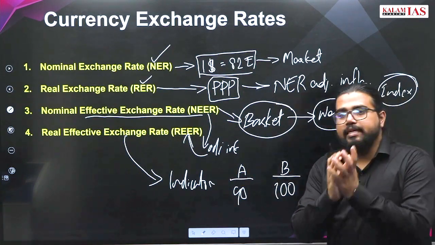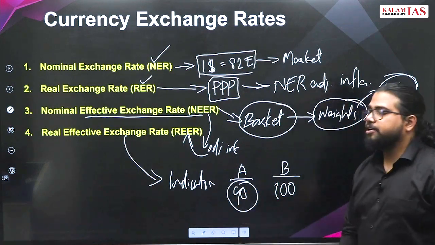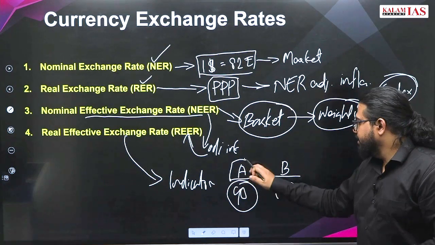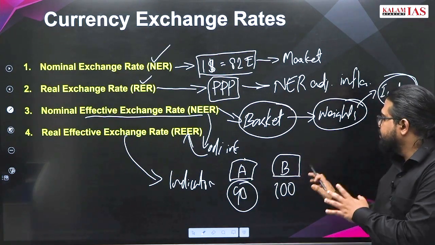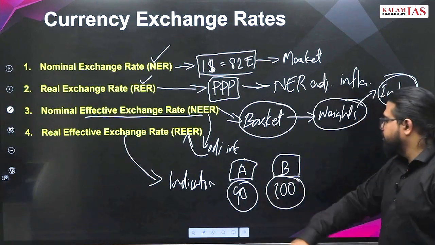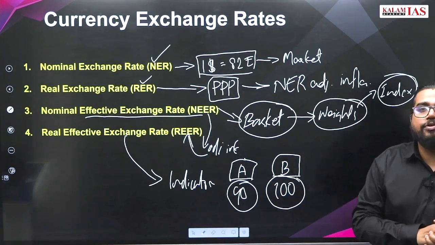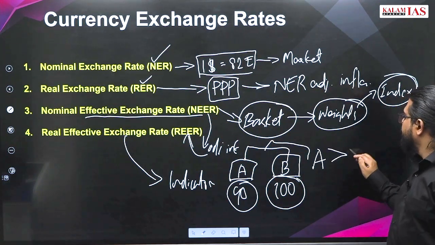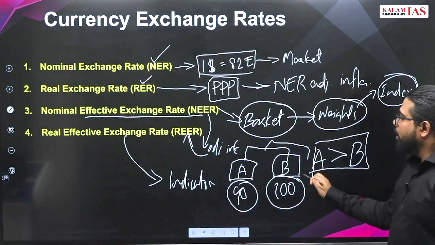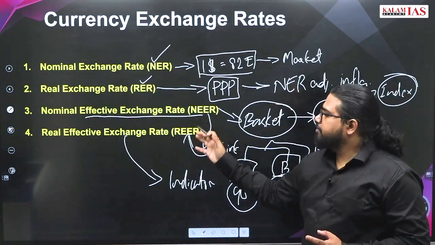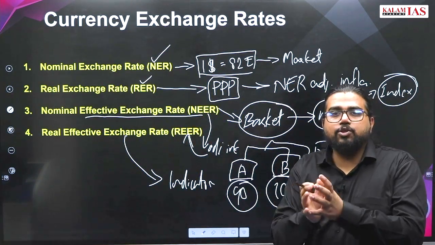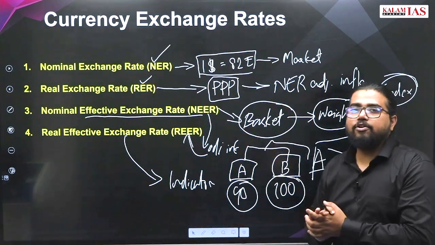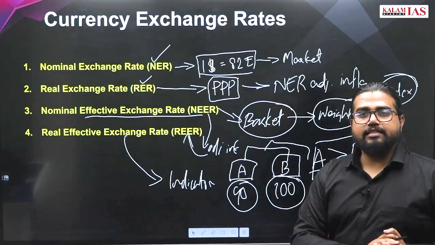Now what it really means is you have to spend 90 units of your currency to get the same product in economy A. At the same time, if the same product is built in economy B, you have to give 100 units of your currency. So what does this indicate? Economy A is much more competitive than economy B. So having a lower real effective exchange rate makes your economy more efficient, or it is an indicator of trade effectiveness.